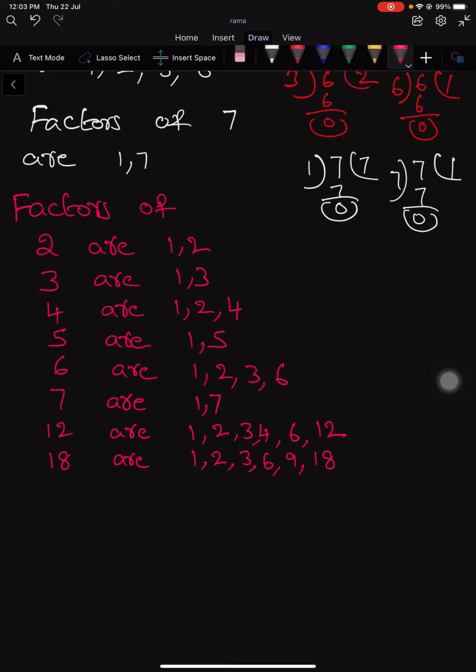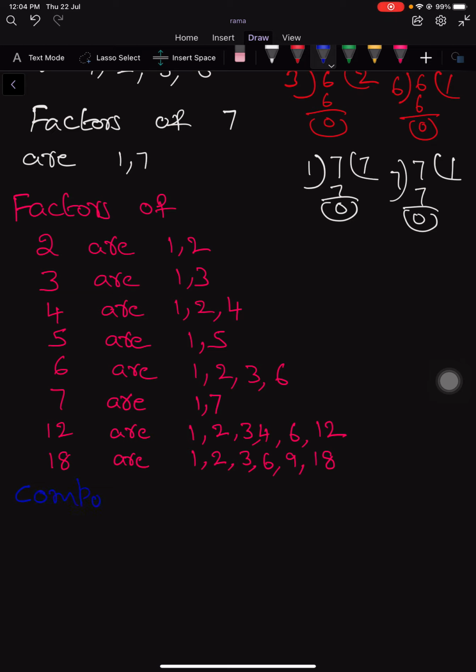Now, depending upon the number of factors, numbers are classified into two categories. They are composite numbers and prime numbers. First, we can learn about composite numbers.